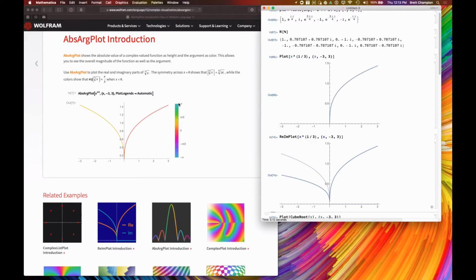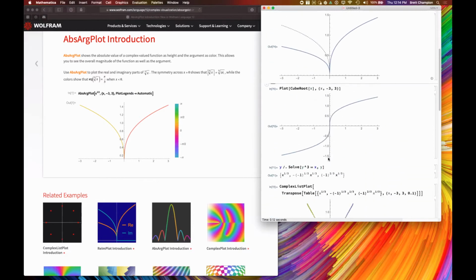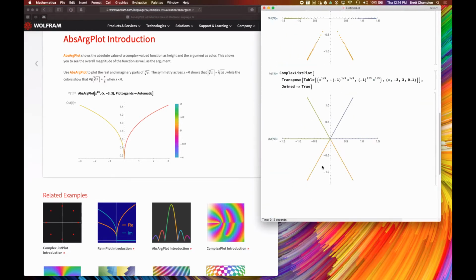And so the legend has all of these colors, but when you look at the plot, you don't necessarily see them. I mean, everything is just two colors, which might be confusing for a little bit. But then you look at this plot of where our complex values are, and it makes sense.